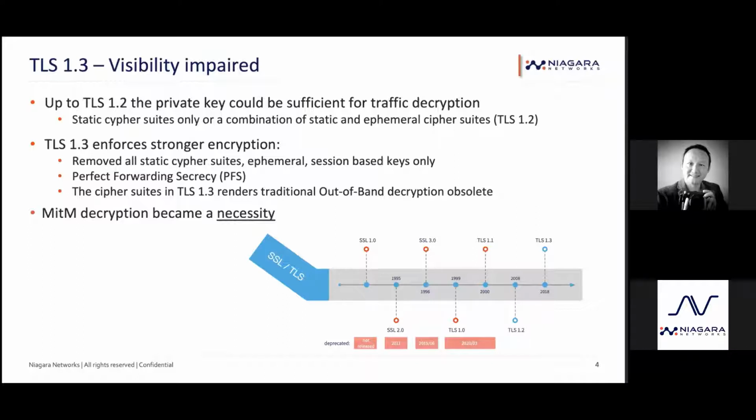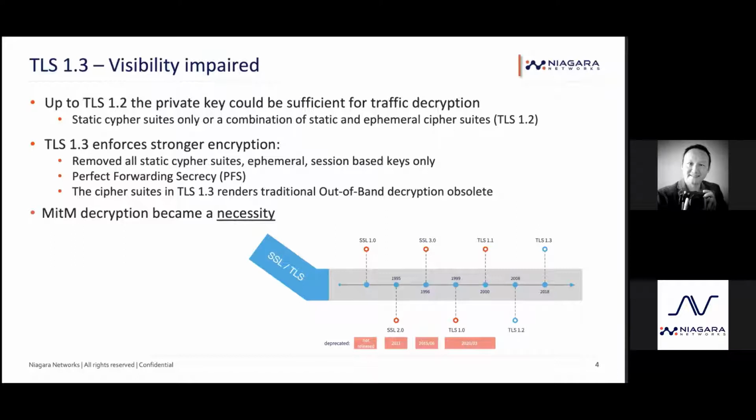This makes even stronger the perfect forward secrecy: even if you record the traffic, take a copy of the traffic, and even if afterwards you were able to get the private key, with that private key you are not able to decrypt a copy of the traffic.